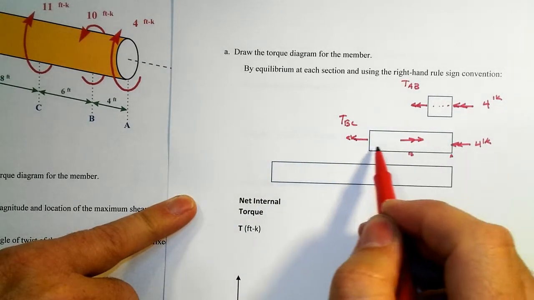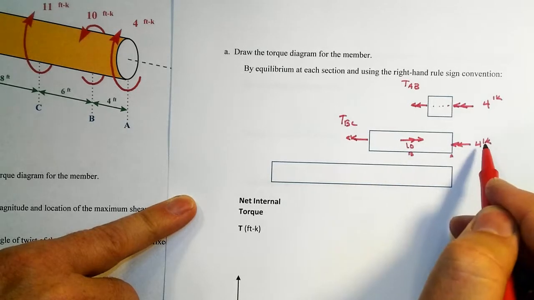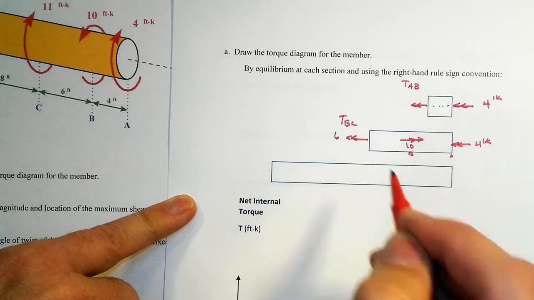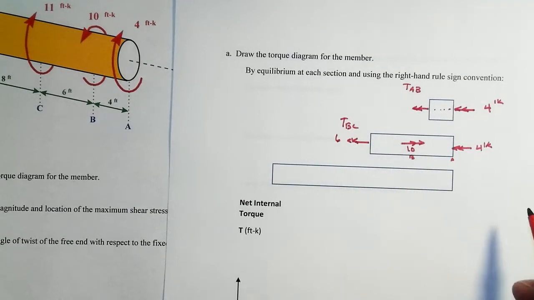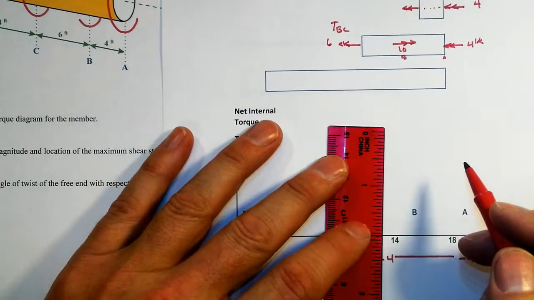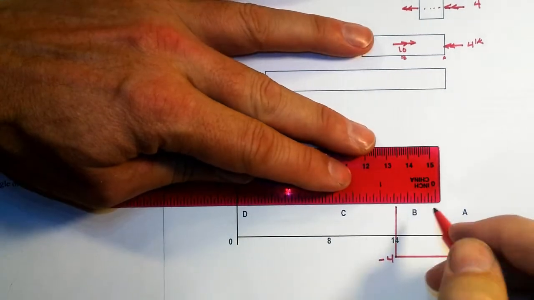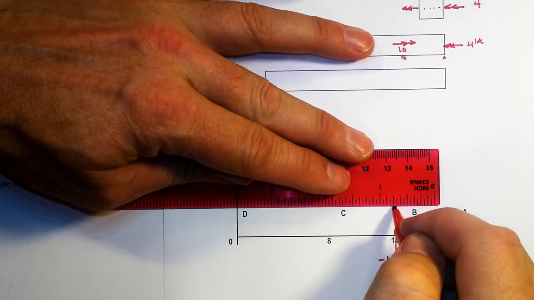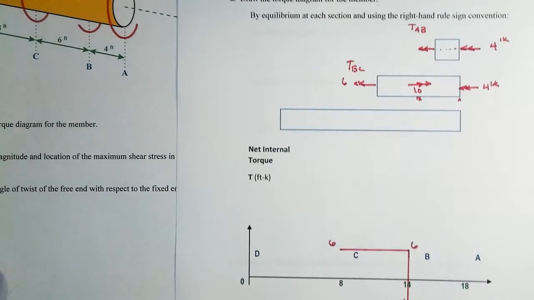We sum torques along the longitudinal axis, and we've got 10 going in one direction, 4 in the other. BC is going to have to be 6 to make all that sum to 0. So we're going to bounce up then down here on the diagram to a positive 6, and that will be constant. Notice how this is just like the shear diagram would look like.